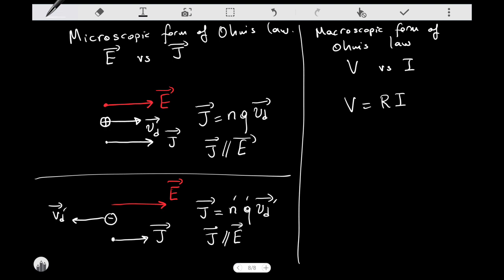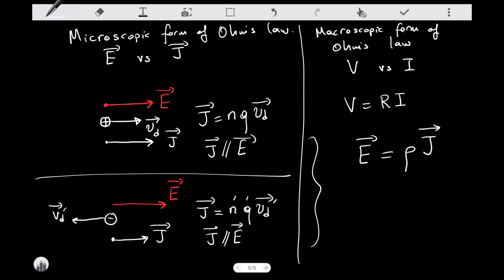They have to be linearly proportional to each other. So we write this relationship in this form: the electric field is equal to some number multiplied with the current density. That number has to be positive because both vectors should be in the same direction. It's just a constant, so the electric field is directly proportional to the current density.